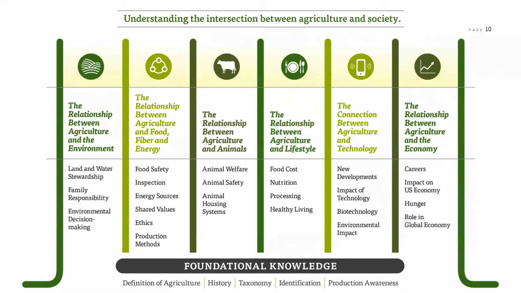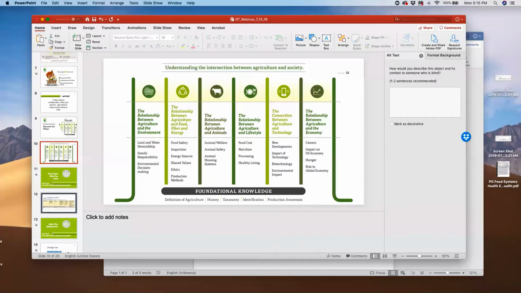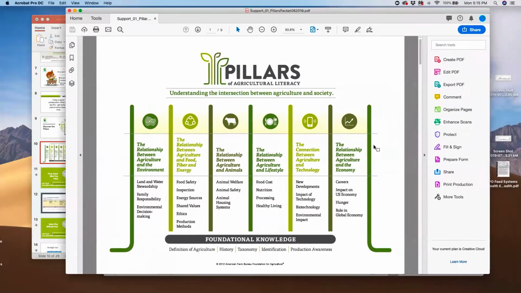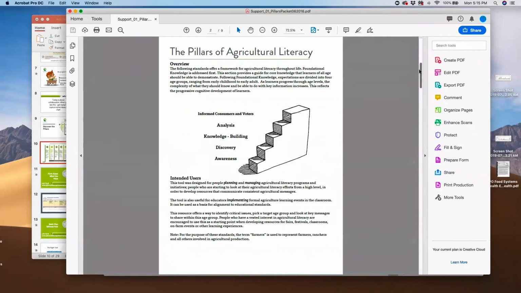But if I exit out of this, for those of us who don't have the whole PDF downloaded, I can show you. It's a 9-page document, and as you can see here, what we start with is helping students develop an awareness of agriculture, and they work up this ladder to being informed consumers and voters, because that's the ultimate goal of agriculture literacy.